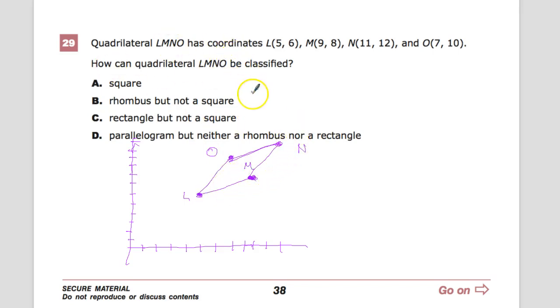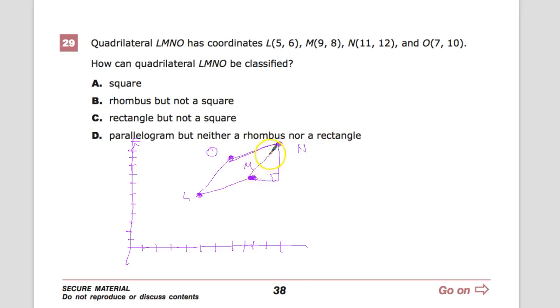So now I want to know, how can the quadrilateral be classified? What's nice for me is to figure out the distance between points so I can figure out how long these sides are. I'm always one who tends to do the Pythagorean theorem in this case.